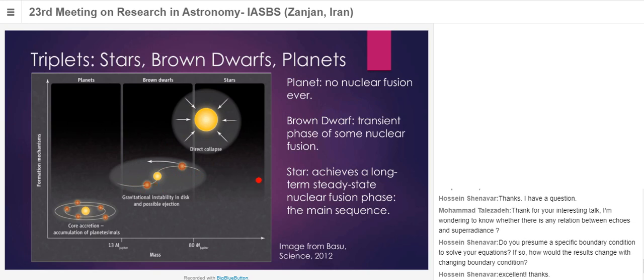And there's a lot of arguments among astronomers as to what is the definition of brown dwarf, especially. So I think this is probably, from a theorist's physics point of view, the most clear way of thinking about it. Planets, no nuclear fusion. Brown dwarf, yes, you do have nuclear fusion. That's what distinguishes it from a planet, but never enough to reach the main sequence, which would be the definition of a star.